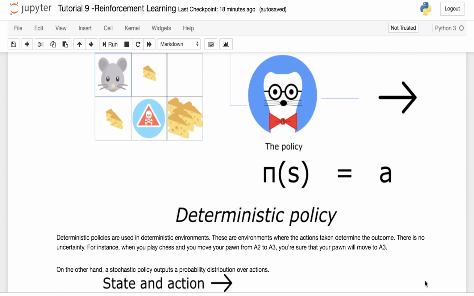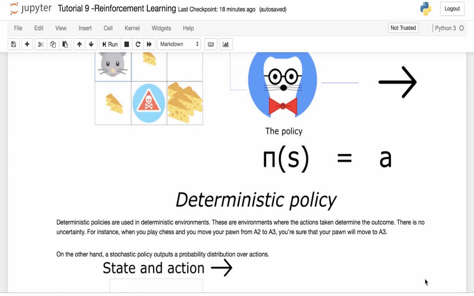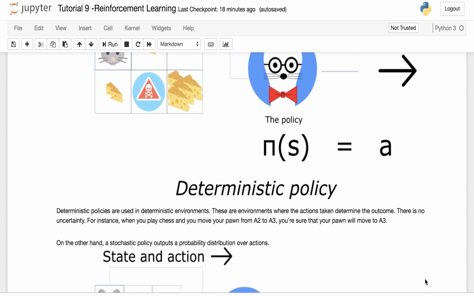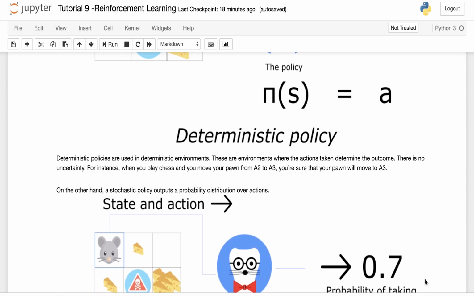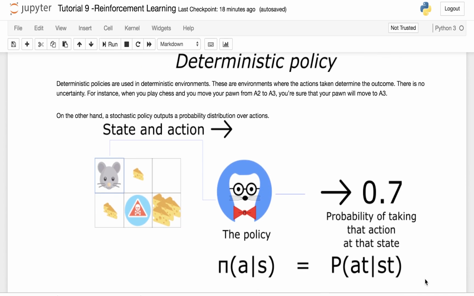That's deterministic. On the other hand, a stochastic policy outputs a probability distribution over actions. We measure our policy as the probability of taking some action.